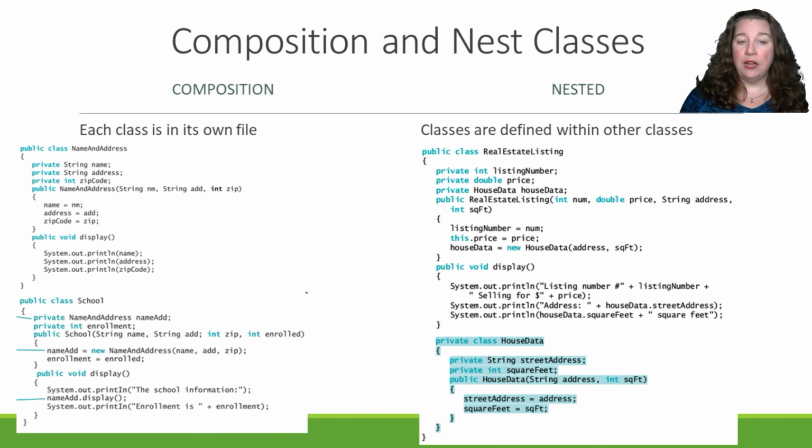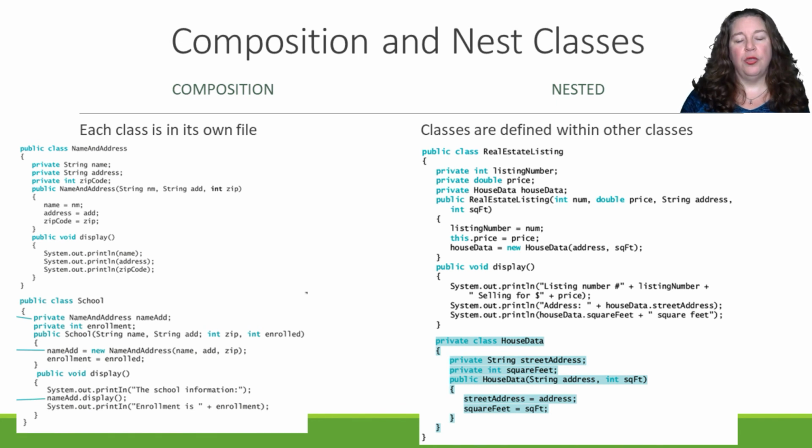So we have name and address in a file, and we have school in a file, and school uses the name and address type to refer to its name and address, and it's used in there, and that's fabulous. So we can do it in their own file, and that's fine if you like having multiple files and keeping it like that. If you do not feel like you are going to use the inner class anywhere else except within the class that you have, you can do it as a subclass.